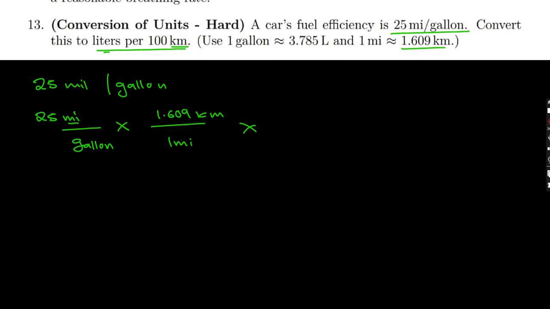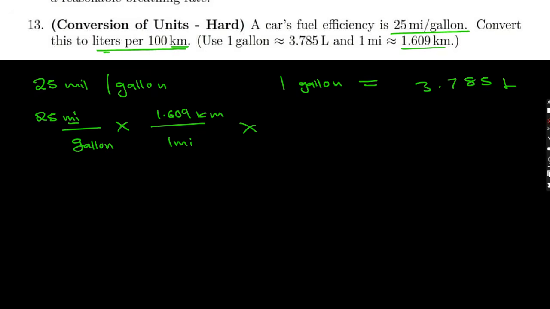The conversion factor you need to know is that 1 gallon is equal to 3.785 liters.